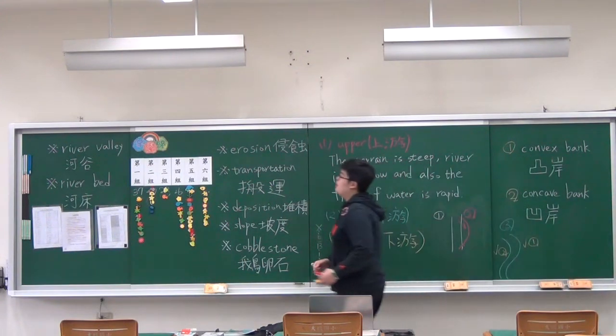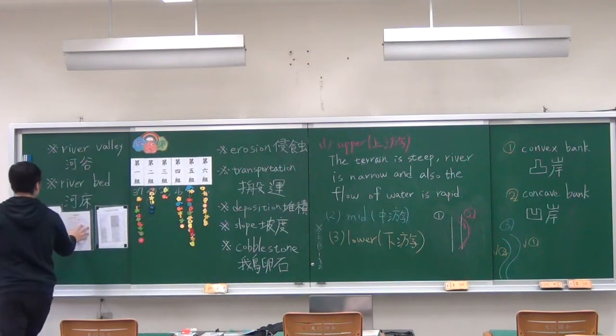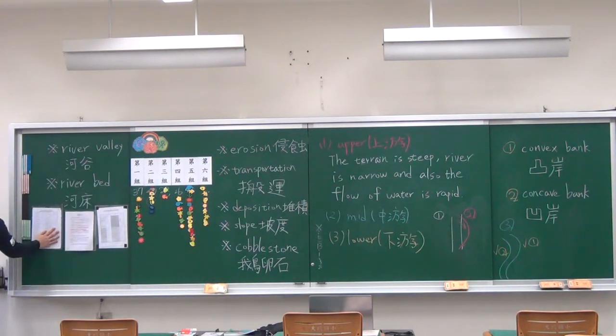Now, the pictures of these 3 groups are here, and we're going to have a look at them. Group A, the description and the picture are here. The terrain of the upper of the river is steep, the river is narrow, and the flow of water is rapid. The mid part of the river compared to the upper part is relatively gentle.